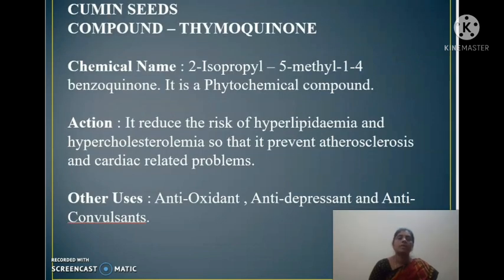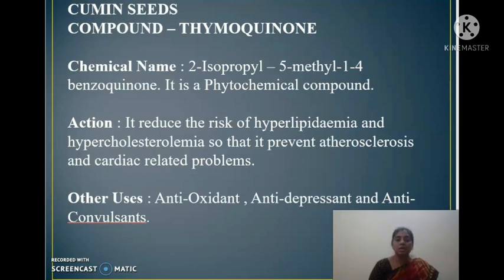These are some of the functional foods and nutraceutical components which help to reduce the risk of cardiovascular disease. Cumin seeds. The compound which is present in cumin seeds is thymoquinone. The chemical name of thymoquinone is 2-isopropyl-5-methyl-1,4-benzoquinone. It is a phytochemical compound.